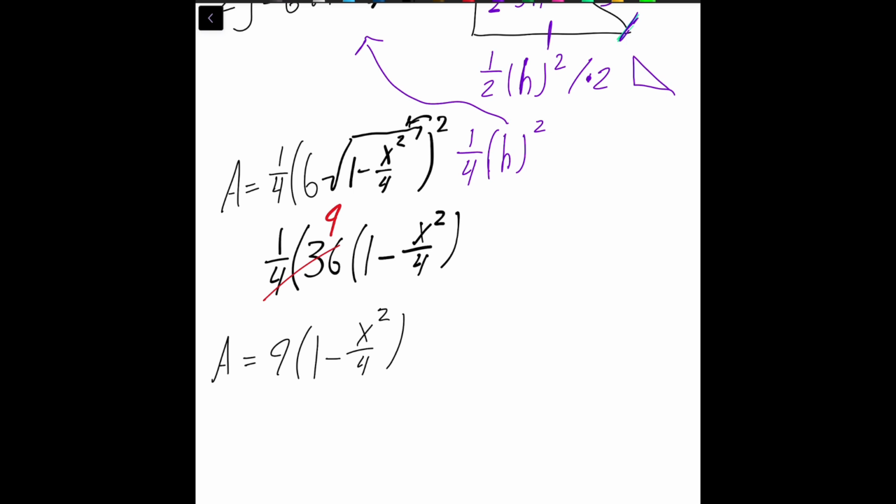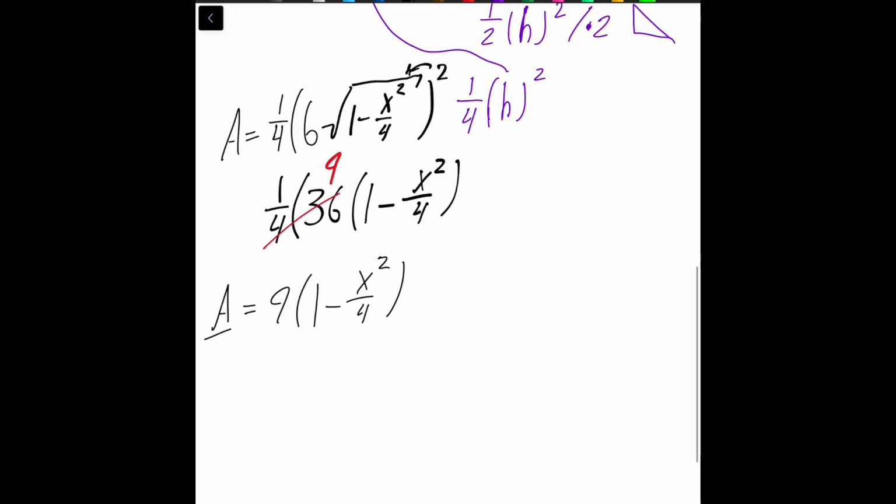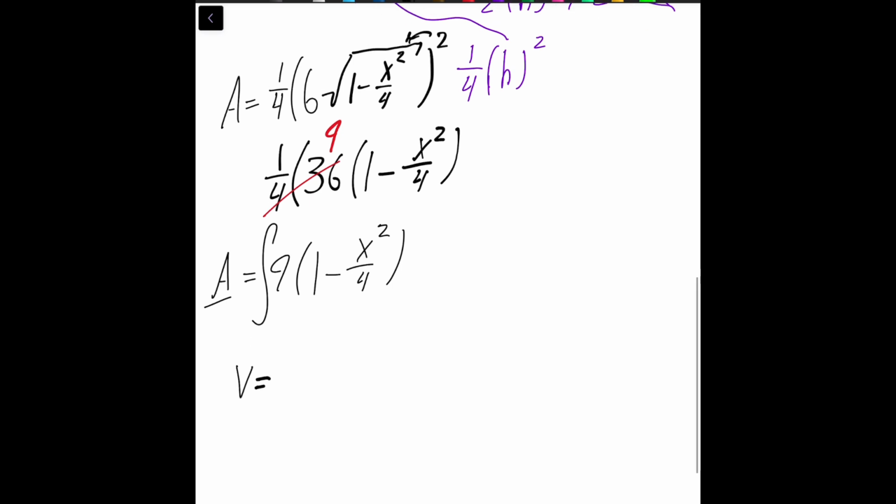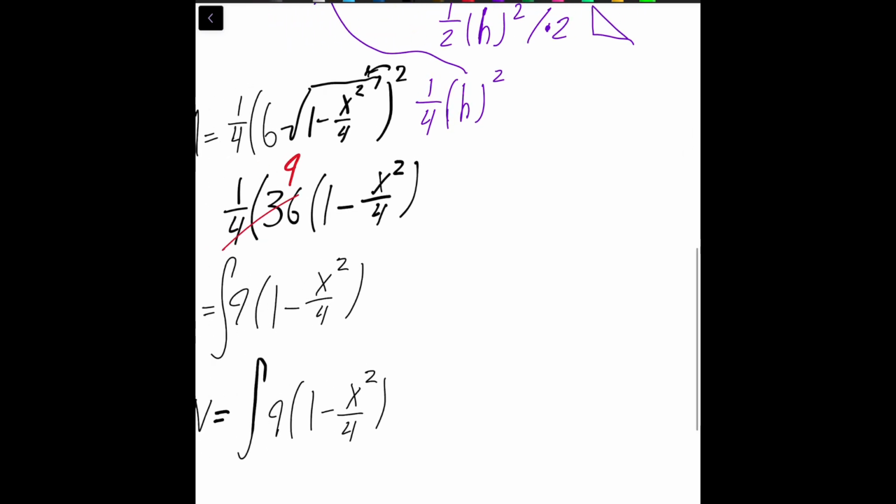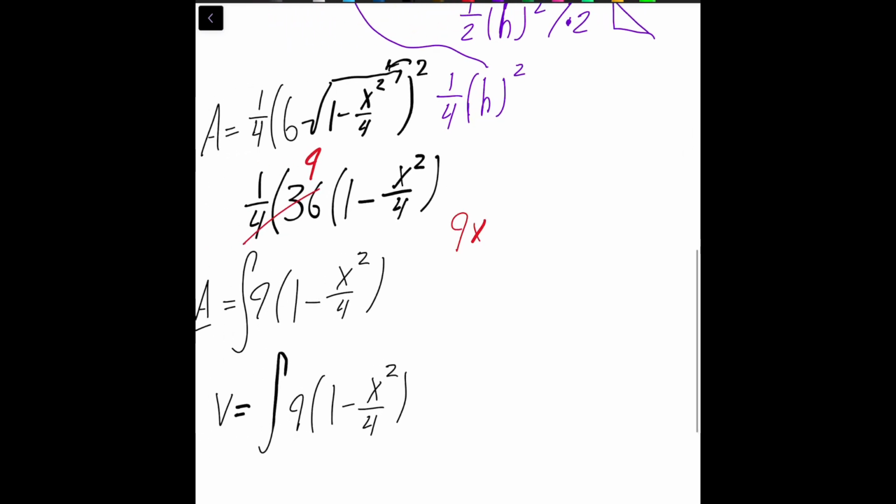Awesome. So our last step is we need to find the volume. We have our area, so how do we find volume? We integrate. So now V equals the integral of 9 times (1 minus x squared over 4). But what are our bounds? Well, if we recall, our expression is 9x squared plus 4y squared equals 36.